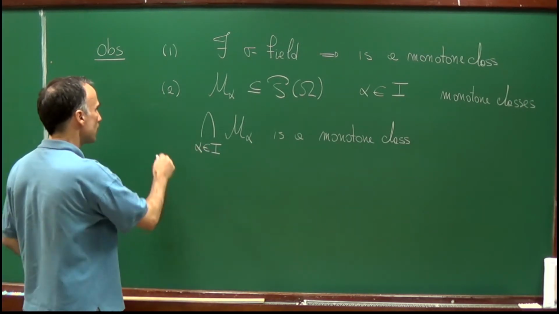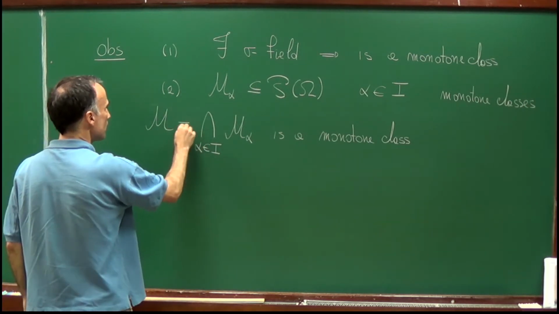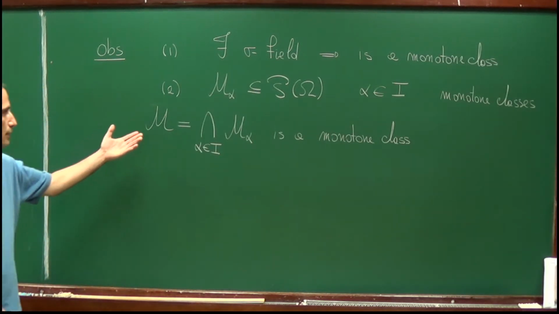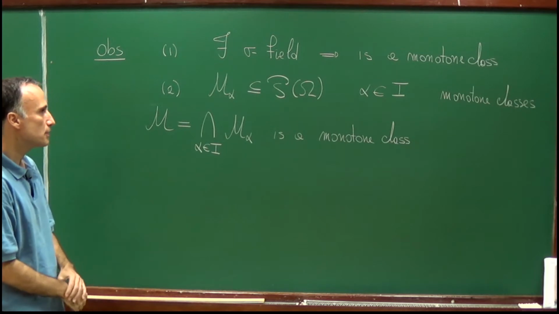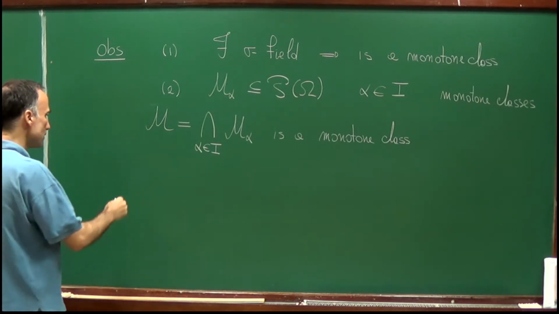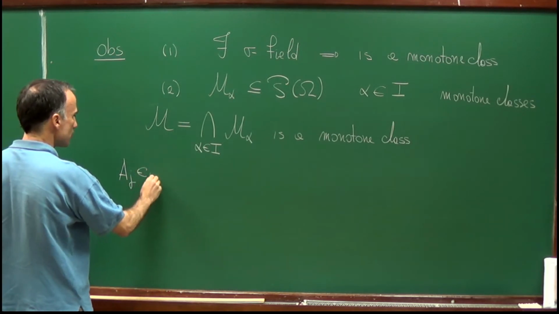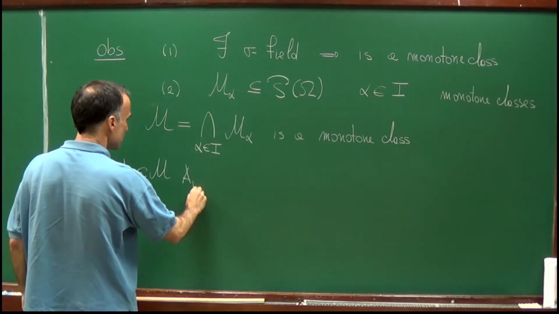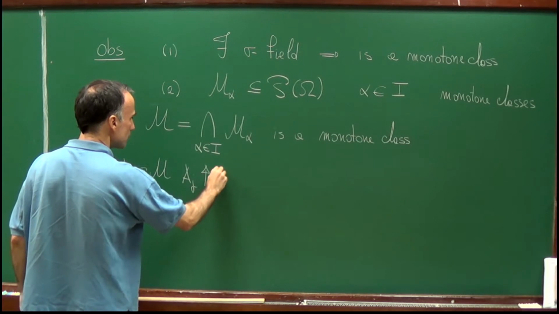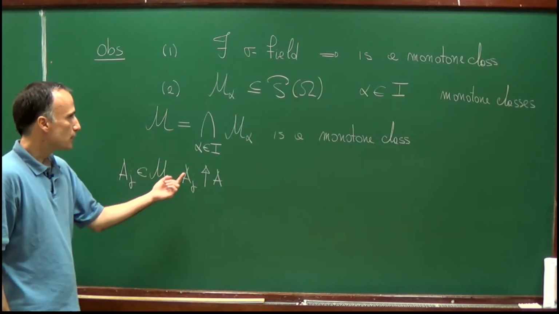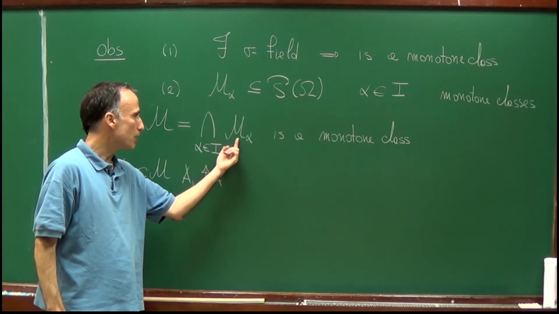Let me call this set M. To show that M is a monotone class, we need to prove that M fulfills the two requirements of a monotone class. So let's consider a sequence of sets Aj in M, Aj increasing to a set A. Since Aj belongs to M, it belongs to each of these sets M alpha.